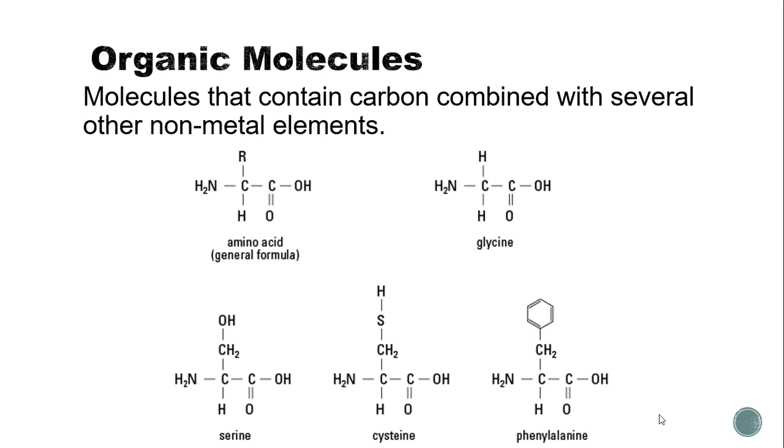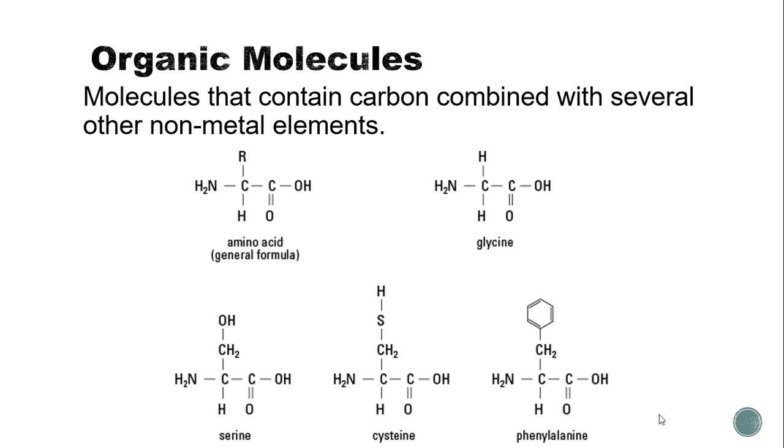So first and foremost, these molecules should look a little different, a little bit more complicated, a lot more going on. So organic molecules are molecules that contain carbon and several other non-metal elements. So we'll start to see the elements carbon, oxygen, nitrogen, hydrogen very often, the kinds of elements that sustain life.